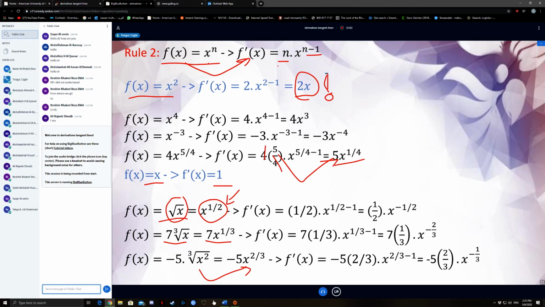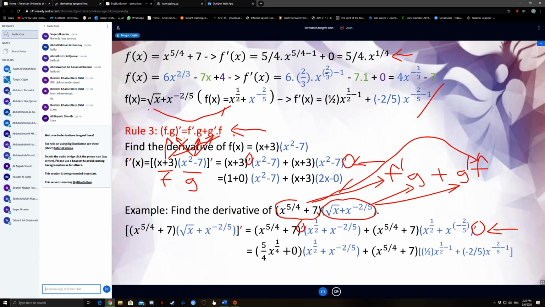If they give you a function in the form of x to the power n, rule 2 says power comes to the front, power minus 1. For example, x to the power 4, power comes to the front, power minus 1. Finished. Or even if you have a number in front of that x term, just keep that number, don't touch it. For the rest, power comes to the front, power minus 1.